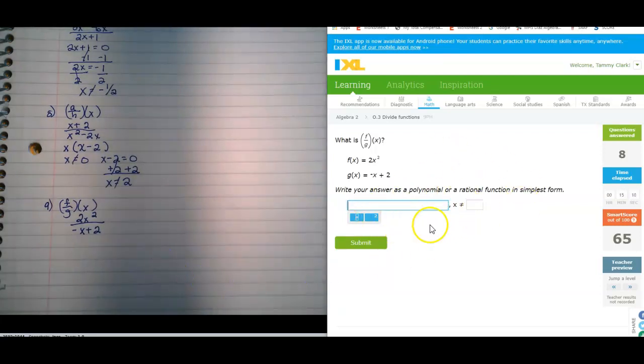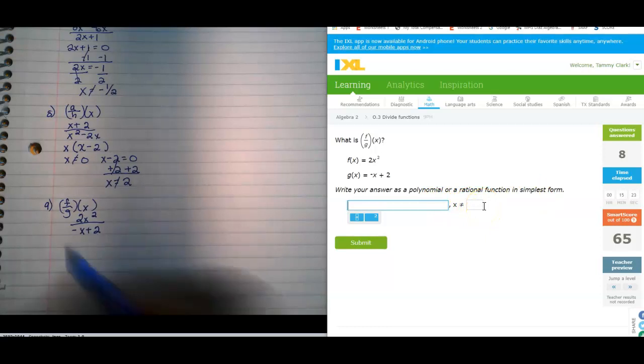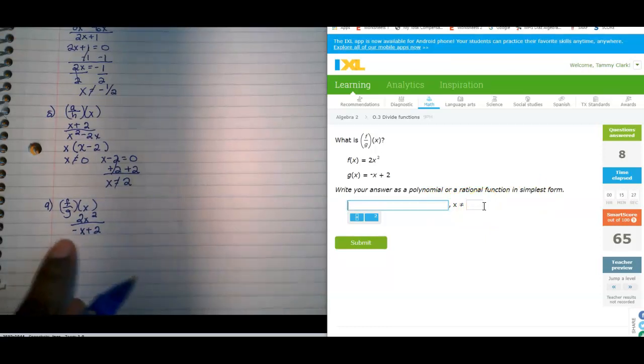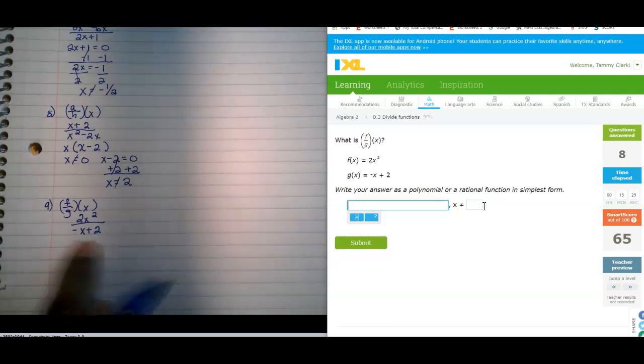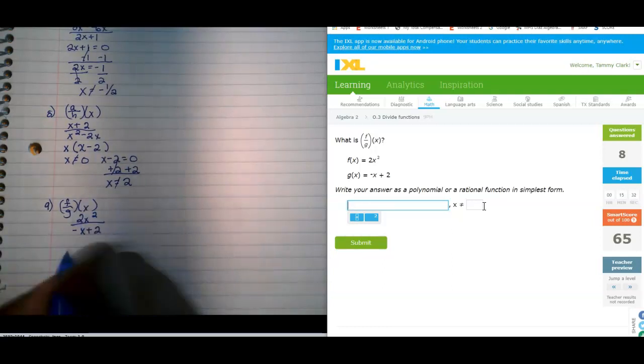Our answer is going to look a little bit different though. Here we're expected to write our answer as a polynomial or rational function in simplest form, and we're expected to give the domain as well. So here I've already written it. Now we're just going to take care of the domain portion.